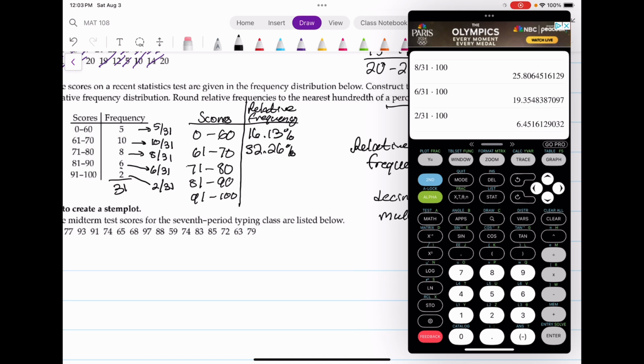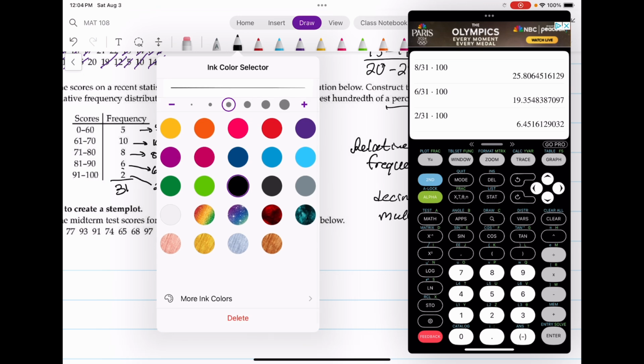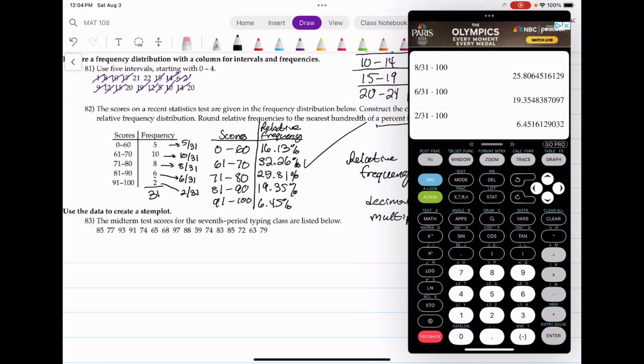So that's going to be 25.81%. Then we have 19.35%. And last but not least, we have 6.45%. And there we go. That is the relative frequency distribution.